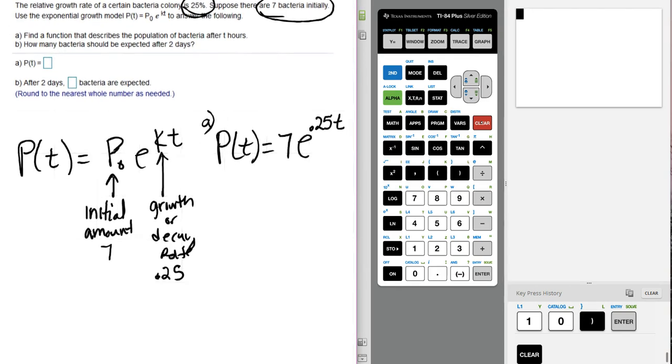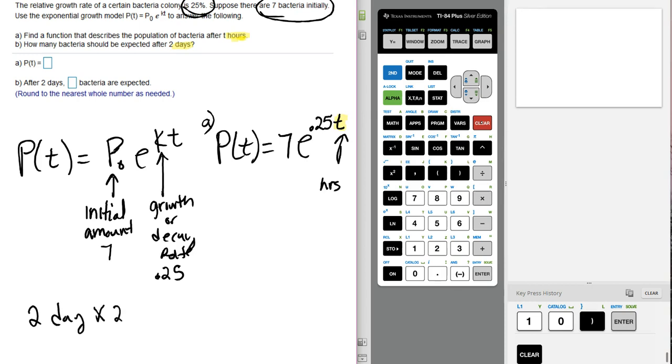Okay, then in part B, it says after 2 days, how many bacteria are expected? So this is a little bit tricky because in the part before, it mentions hours, but in the second part, it mentions days. So our formula is based on our time being in hours. So we have to convert 2 days to hours.